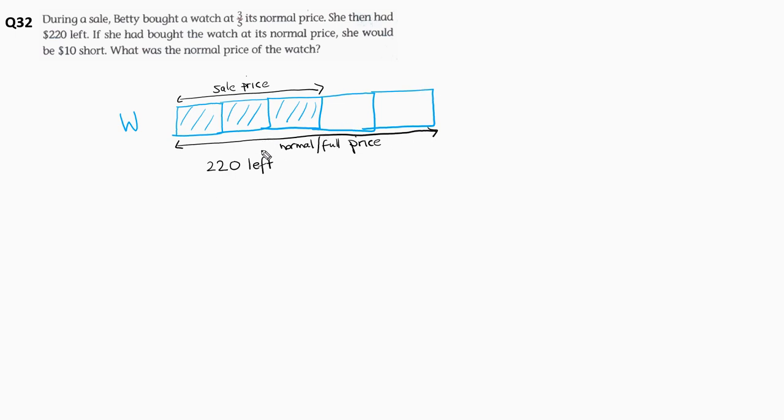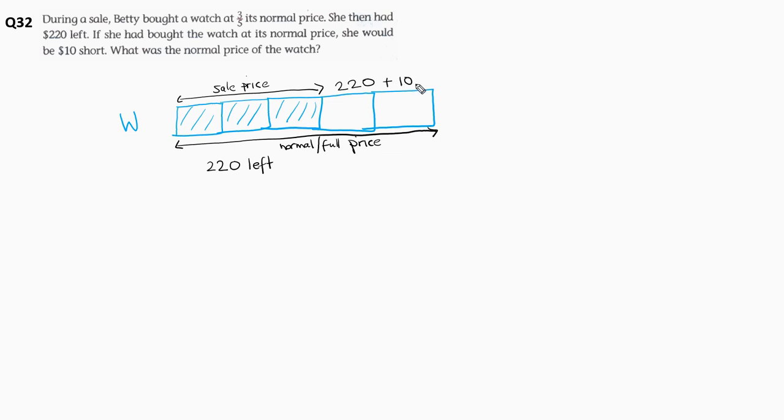Okay. Which means that now we know that she's been able to spend this amount of money, and she's got 220 left. And it says that if she'd had to buy the watch at full price, she would have been $10 short. That means, if you really think about it, that these two parts here must have a value of 220 plus 10.